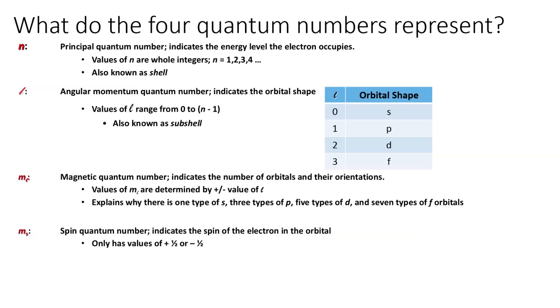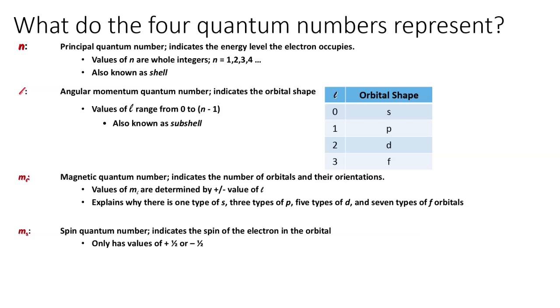The values of m sub l range from minus l to plus l. These particular values explain why, for example, there is one type of s orbital. If it is an s orbital, l equals 0, m sub l can only equal 0, hence one s orbital.